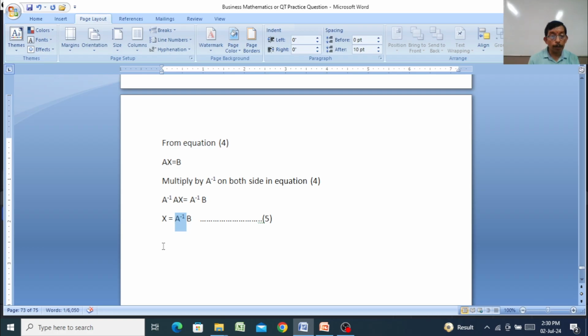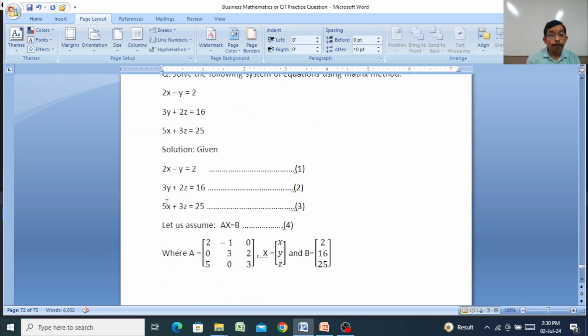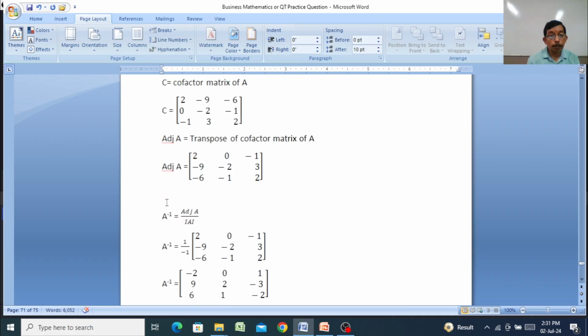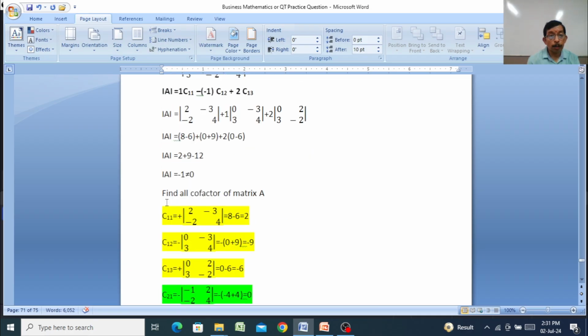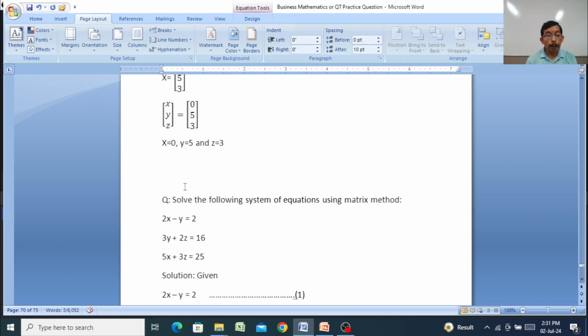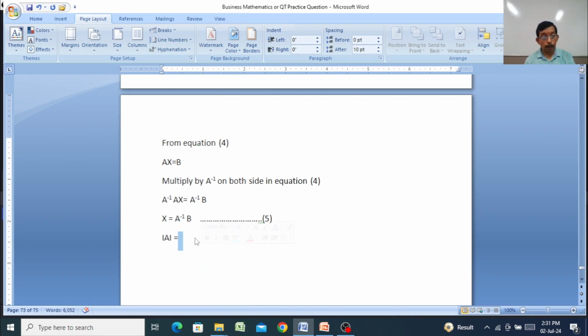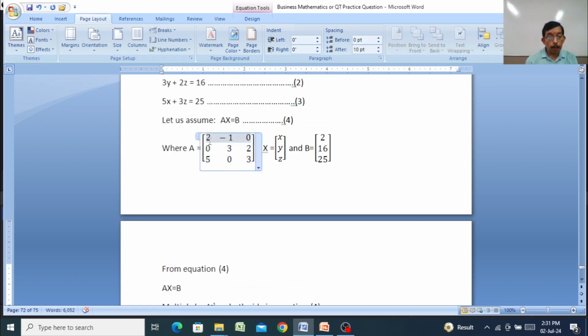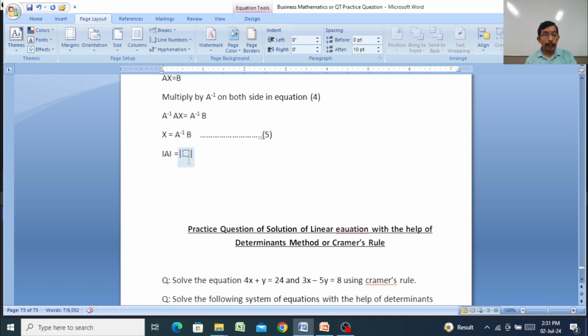First we find the determinant of A. Determinant of A is equal to... note down the elements of the determinant and write them down here.